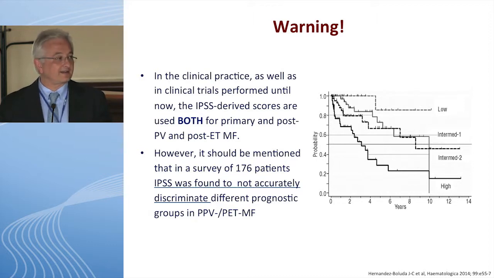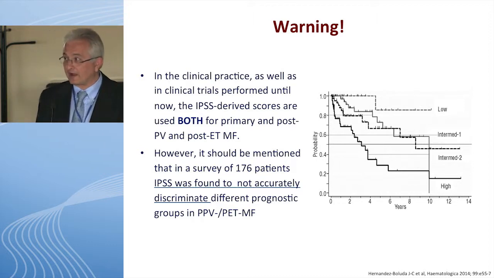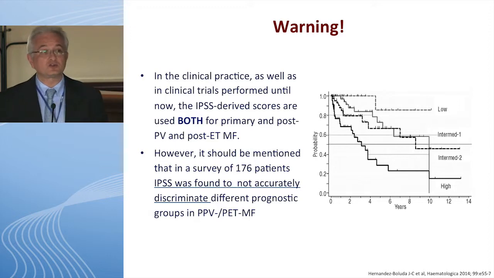This is a common behavior in our practice. It has also been used for enrolling patients in clinical trials with JAK2 inhibitors, but we have to keep well clear in our mind that the risk scores have been developed and validated only for primary myelofibrosis patients.